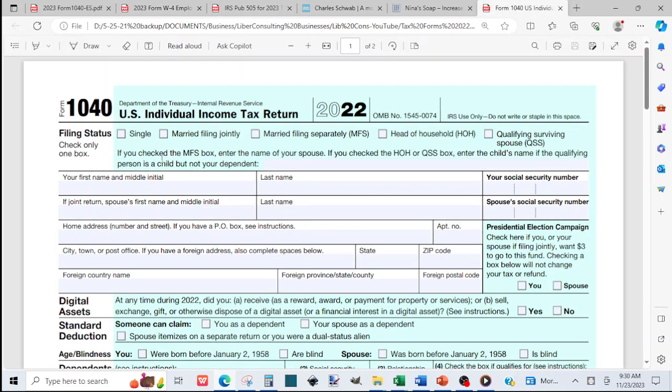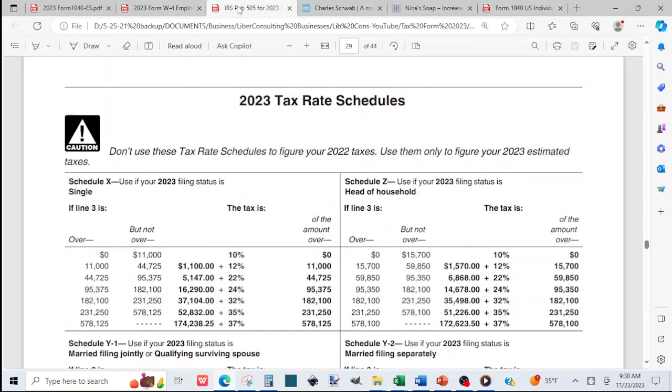And you can find out when you pull your previous year tax return, if your marital status didn't change, the filing status that you use, you'll find it there, and you look for it on the tax schedule.